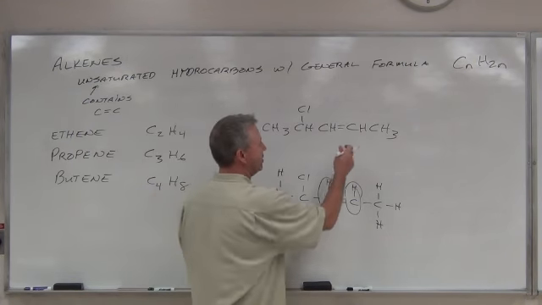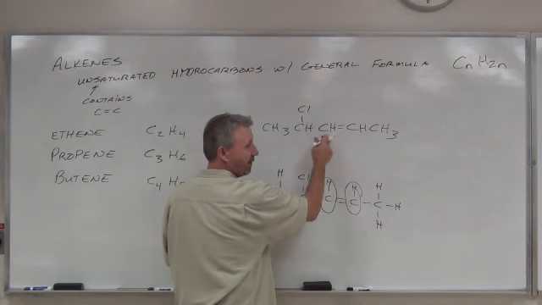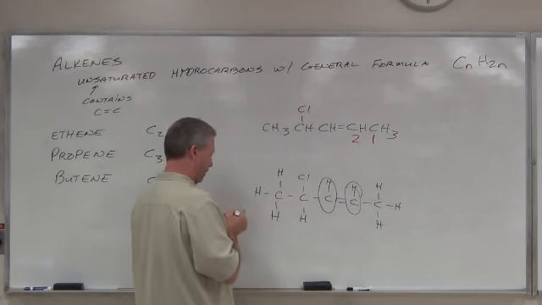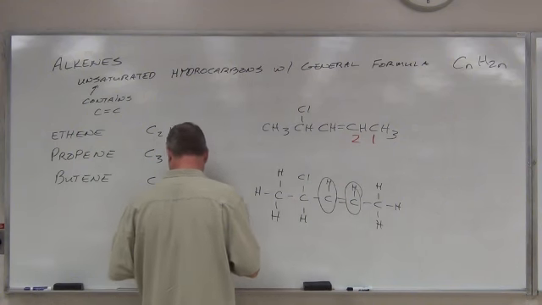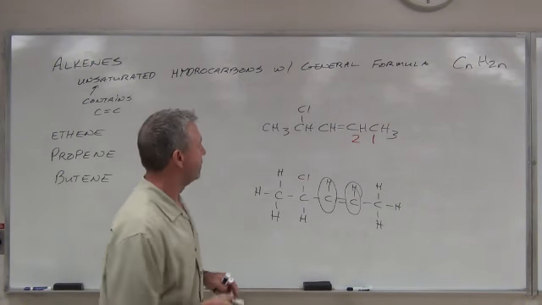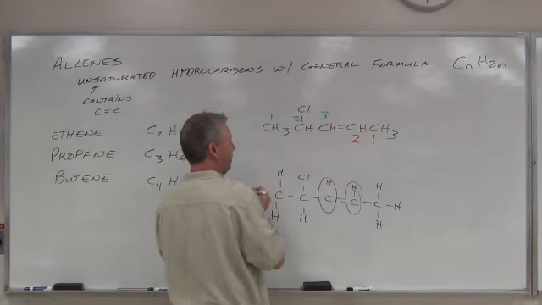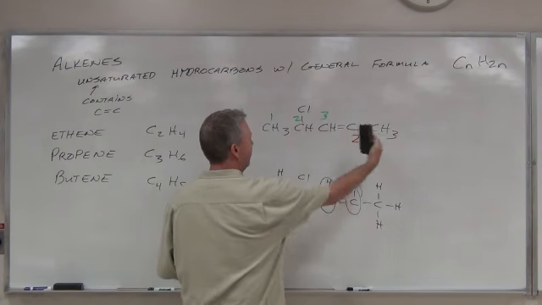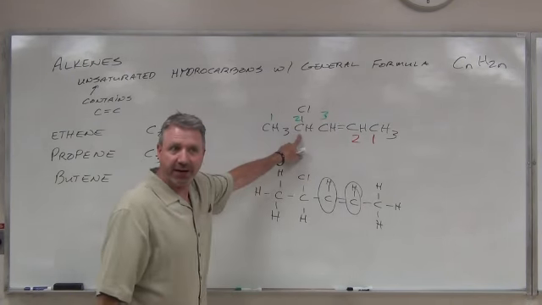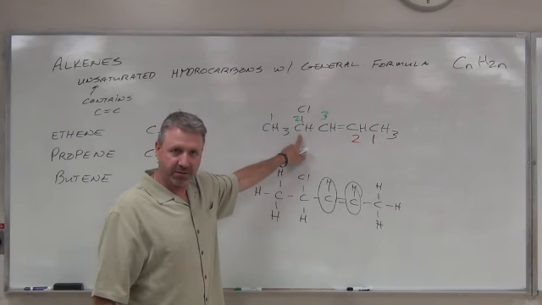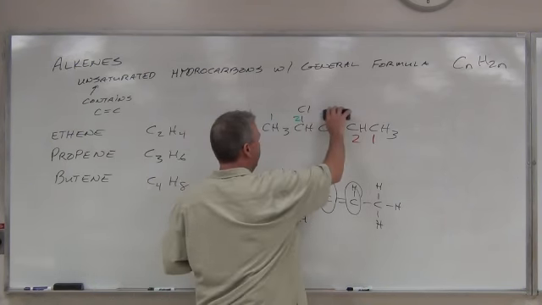I'm numbering my chain to put the lowest number on the first carbon of the double bond. 1, 2, if I go that way. 1, 2, 3, if I go the other way, I'm picking this way. I don't care about the fact that the substitution is on carbon 2. Preference isn't given to substitutions anymore. It's given to functional groups.